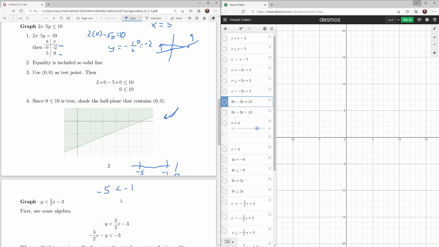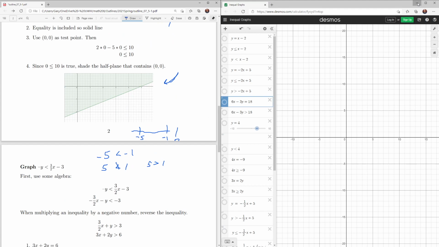So we can agree with this. Let's multiply this whole thing by minus 1, and that gives us 5 and 1. If we do not change the inequality, we have 5 is less than 1. That's certainly not true. So that tells us that when we multiply by a negative, we have to change the inequality. So what we have is 5 is greater than 1. And everyone agrees with that.